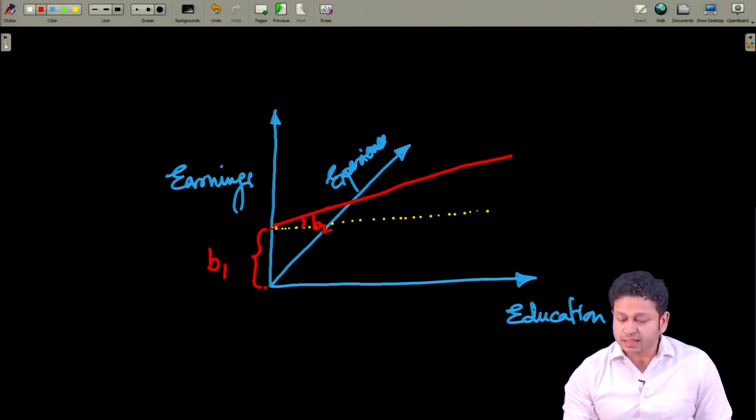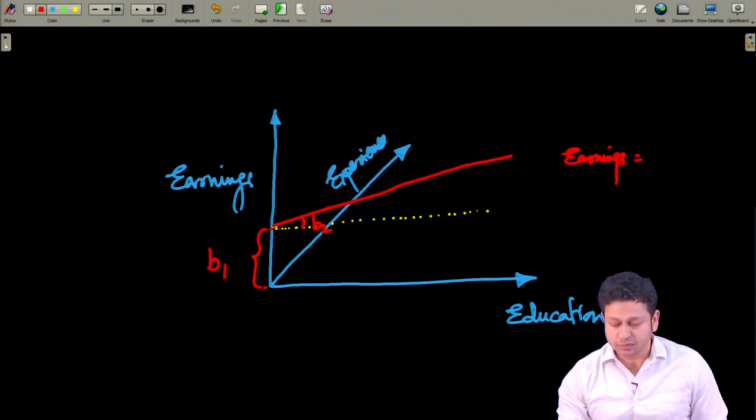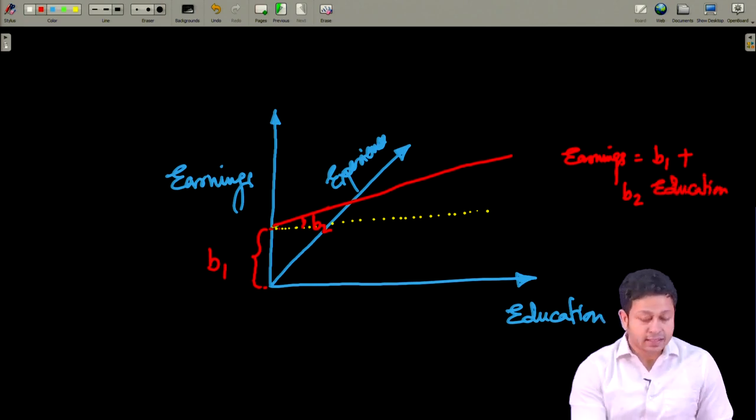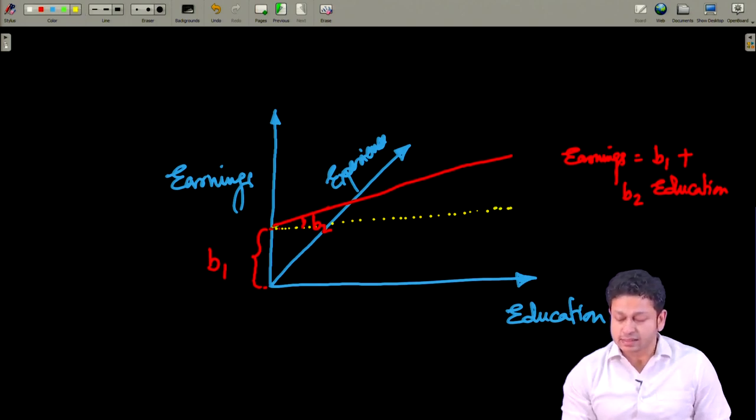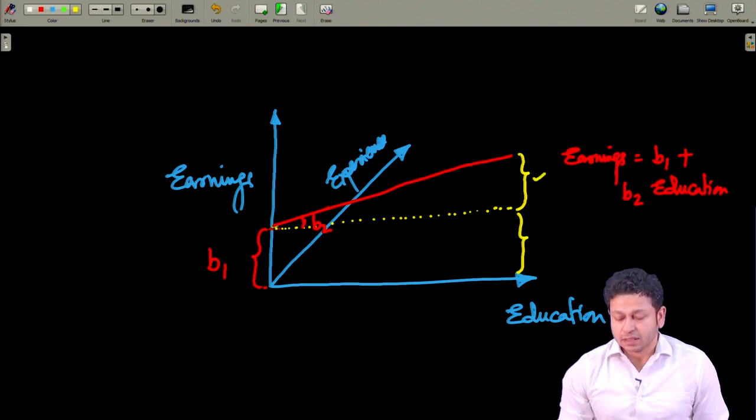So the regression line for this line is going to be earnings equal to b1 plus b2 into education. So this is the pure effect of education. This is the intercept term. This part is the pure effect of education.